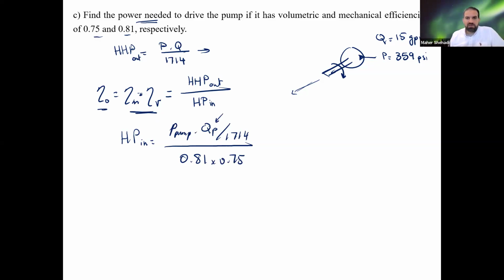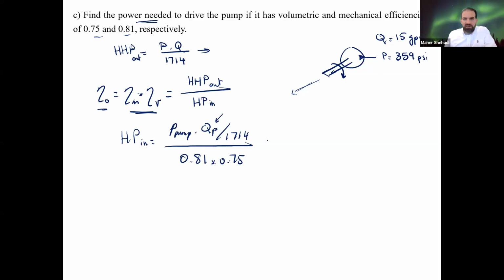And of course, we will focus on this in the next problem. This flow rate has to be the actual flow rate because we're using the total efficiency. I can also use the mechanical efficiency, but then the flow rate has to be the theoretical flow rate, so it doesn't have any volumetric losses in it.